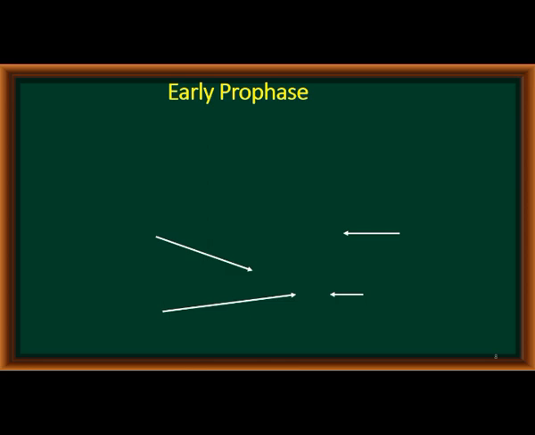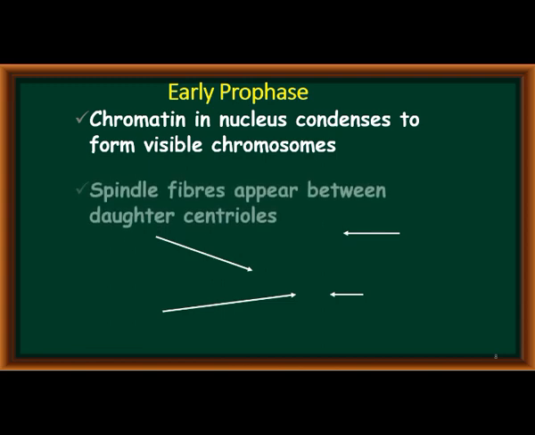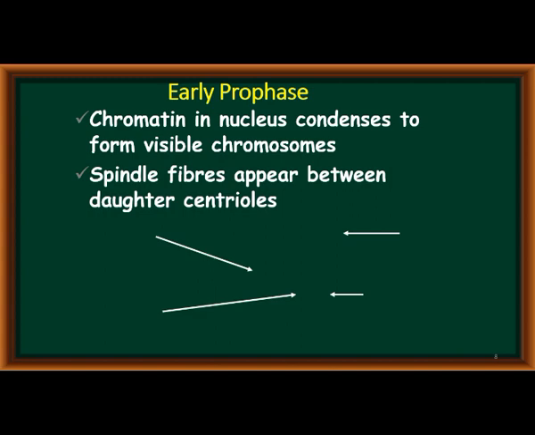Now, during early prophase, the chromatin in the nucleus condenses to form visible chromosomes. Next, the spindle fibers appear between the daughter centrioles.